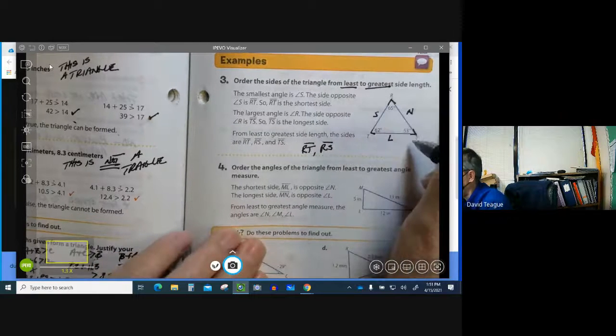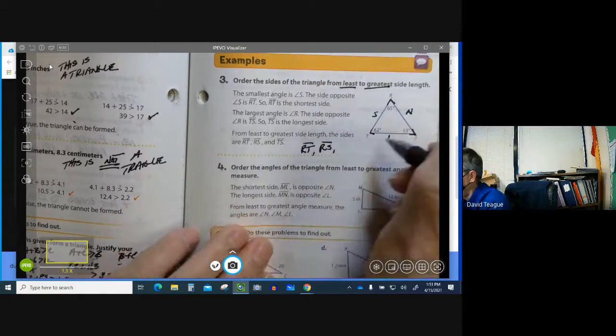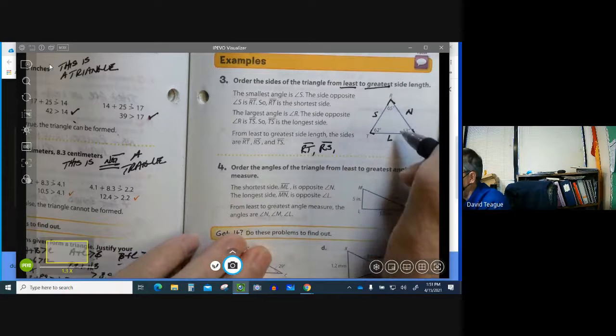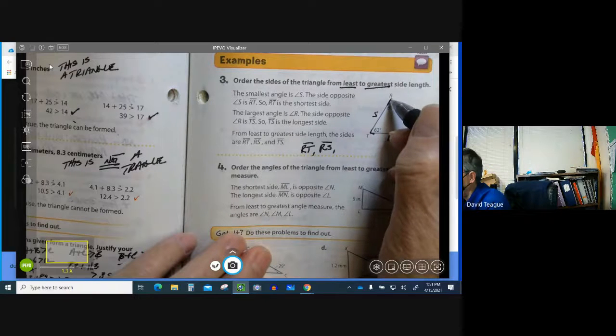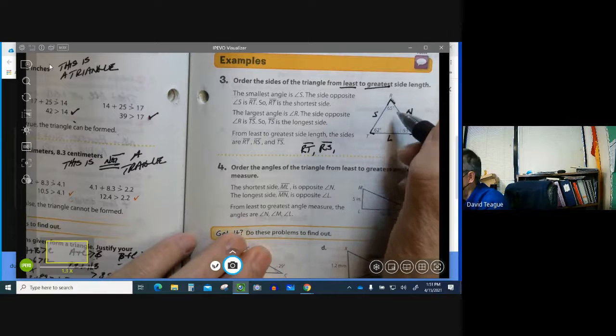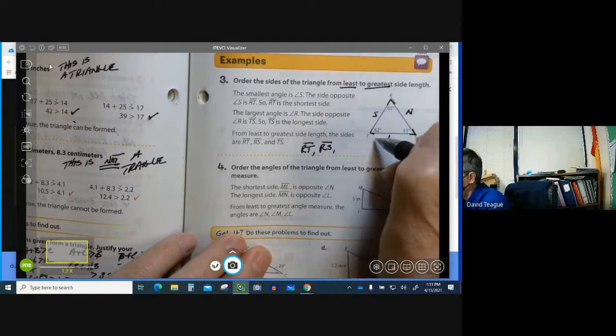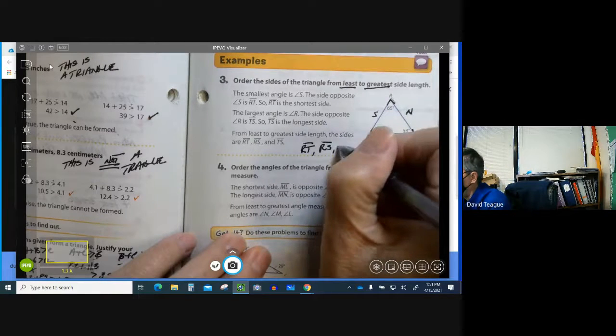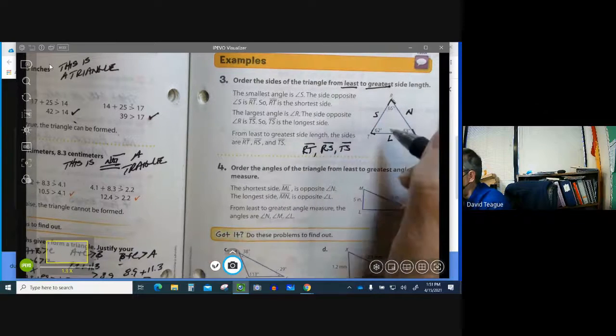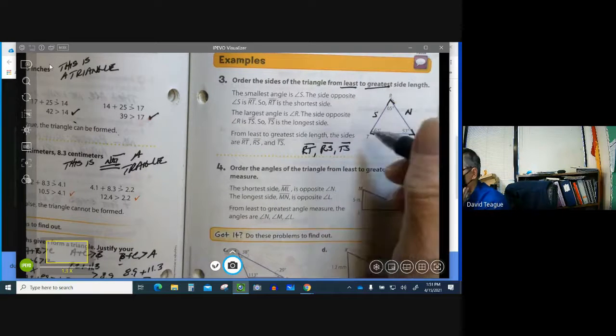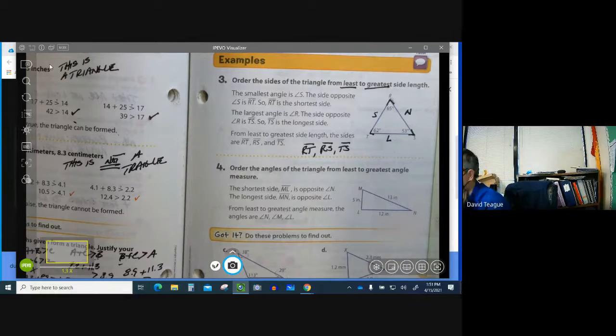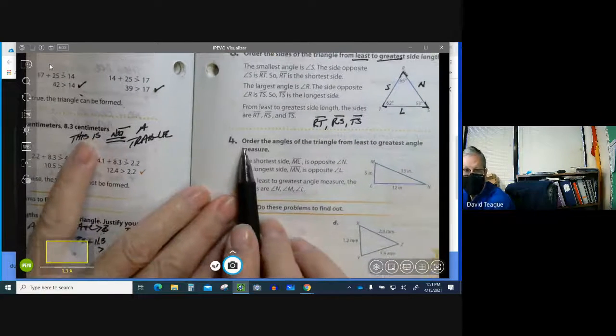So segment RS is the next biggest side. And the longest side, opposite angle R, is segment TS. So I put TS and put a line over it. You can flip the letters if you want. It's not wrong. Okay, number 4.